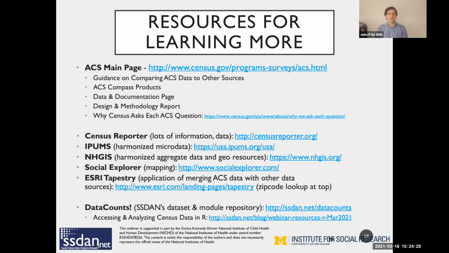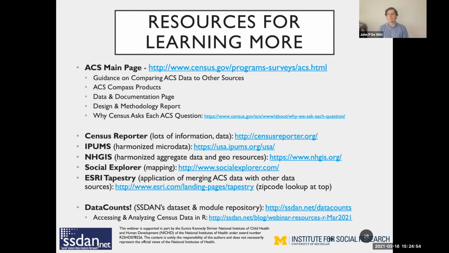There are also some other resources outside of SSDAN that we find particularly valuable or appealing for different reasons. I've listed those here. Census Reporter is one of my favorite sites. If you want to find out more about a specific question, or you want to see what the question looks like on the American Community Survey, you can do so from there. You can pull up individual tables and see some of the tables from the latest ACS release.